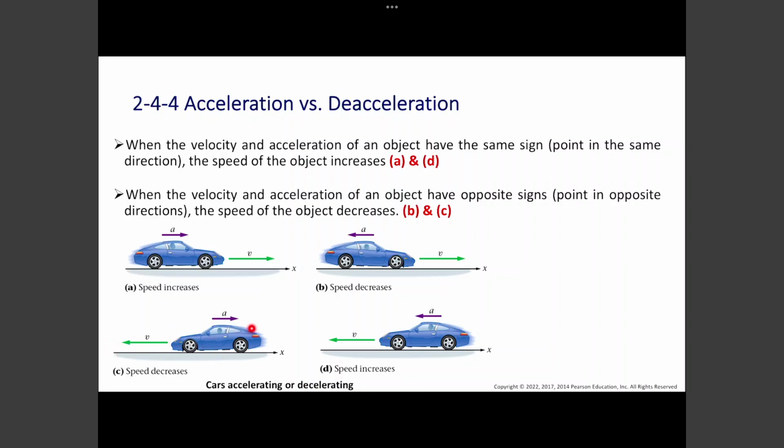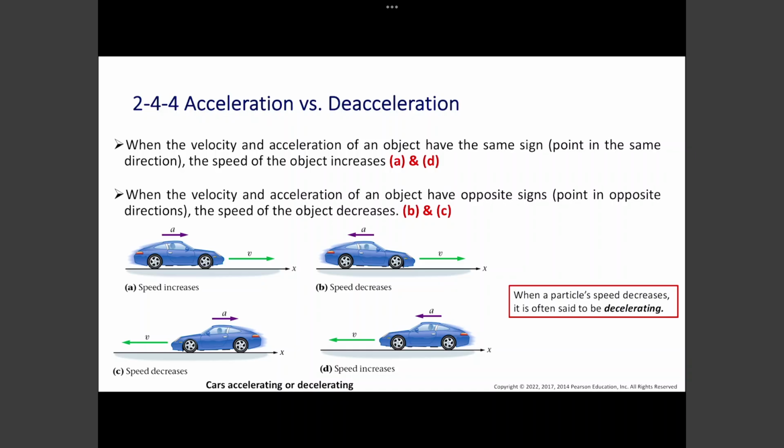Because of that, the speed is decreasing. When the particle's speed decreases, it is often said to be decelerating. But this is not a negative acceleration, it is simply the deceleration. So deceleration can be caused by a positive or negative acceleration, depending on the direction of the initial velocity.